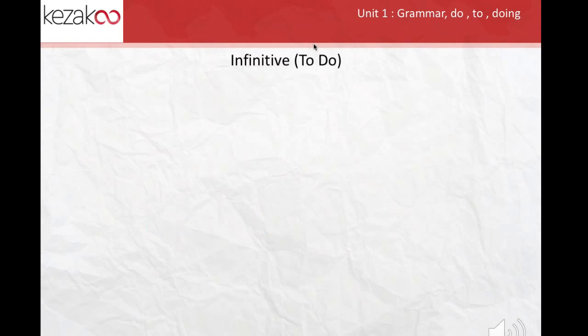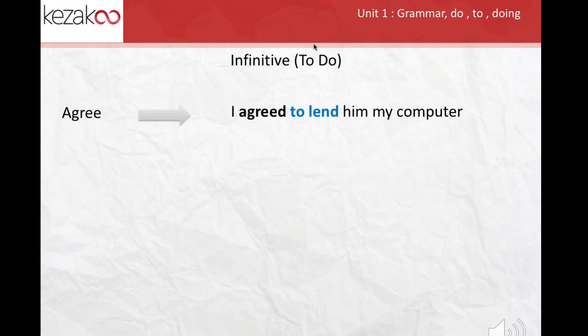So when it is an infinitive with to do, we have, for instance, the verb agree. It is always followed by another verb with the form of to do. For example, I agreed to lend him my computer.